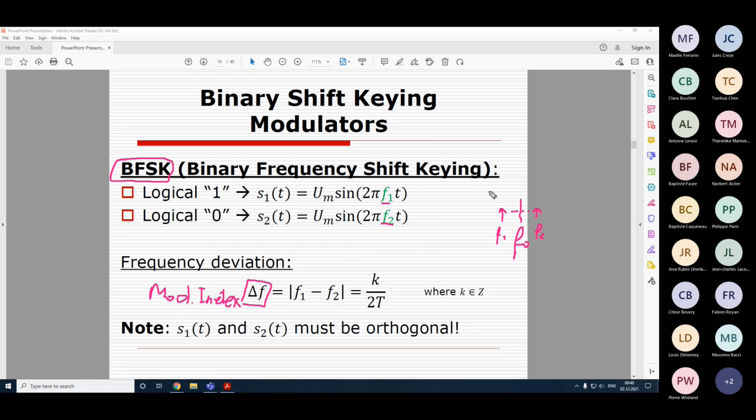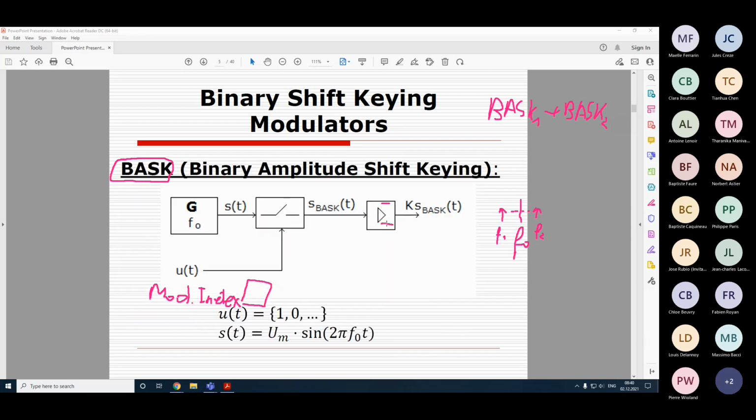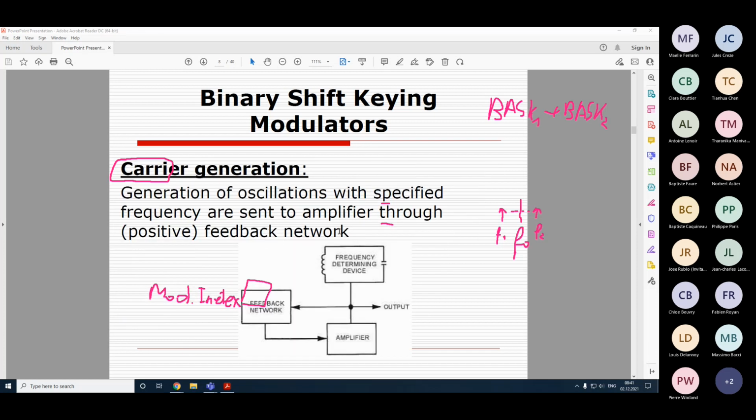We already discussed how the spectrum of this signal looks like. And we even know, if we recall, that we draw the spectrum as a superposition of two binary amplitude shift keying signals, BASK1 plus BASK2. It similarly works here. We can consider this to be a single binary amplitude shift keying, the very same which we have discussed here, but there will be two of them operated by the same data signal.